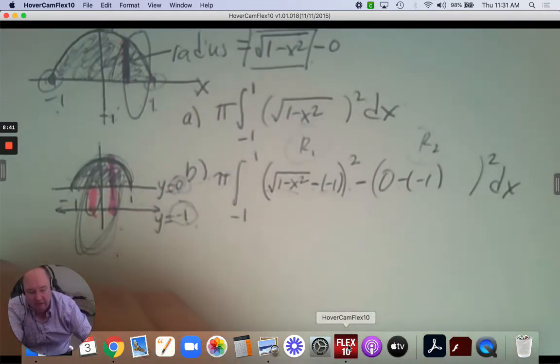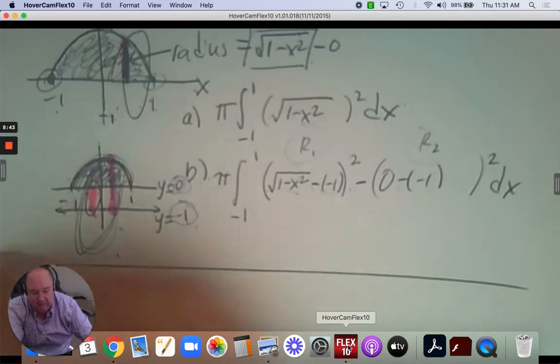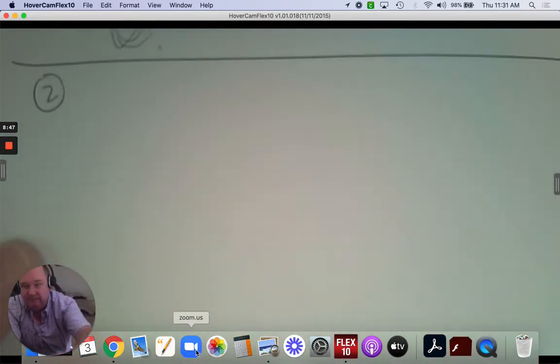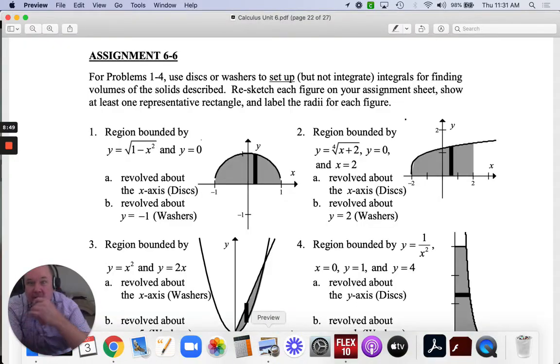We're on to number 2, and we're not giving up. In number 2, again, I'm thankful there's a graph. It's a cube root, the cube root of x plus 2, and y equals 0 and x equals 2.